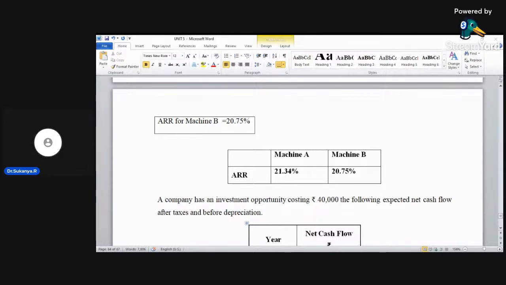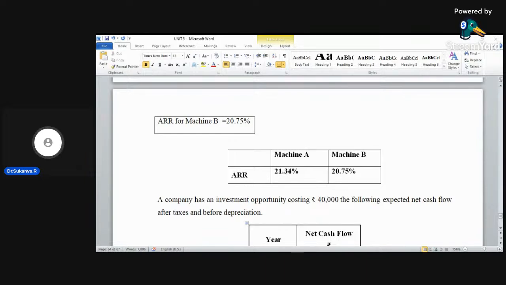Under the traditional technique, we have the payback period method and the average rate of return method. Under the discounted cash flow technique, we have the net present value method, the internal rate of return method, and the profitability index method.